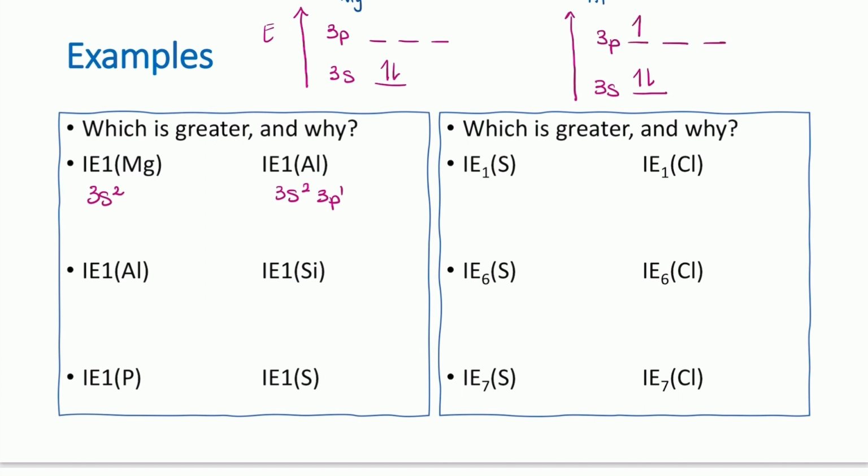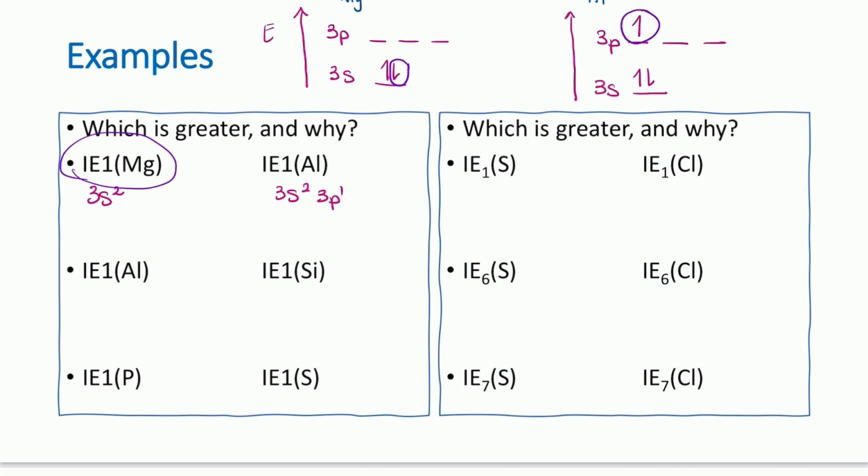So I want to know which is greater and why. Removing this electron or removing this electron? What do you guys think is going to be a larger value? Hopefully you picked magnesium.